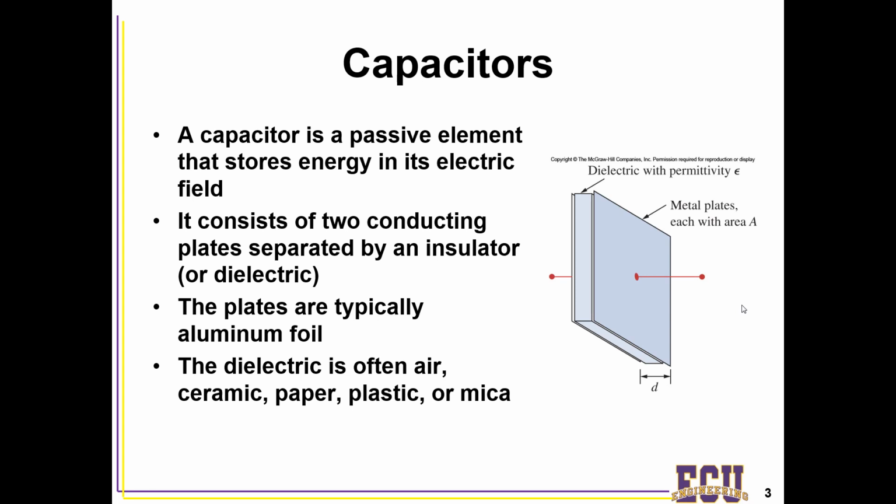And in some cases you might even see some kind of dielectric paste. Depending upon what's inside, that gets you into the permittivity of the dielectric, and that's given by the Greek letter epsilon. The surface area of each of these plates is given by A, and then the gap spacing is given by a distance D.